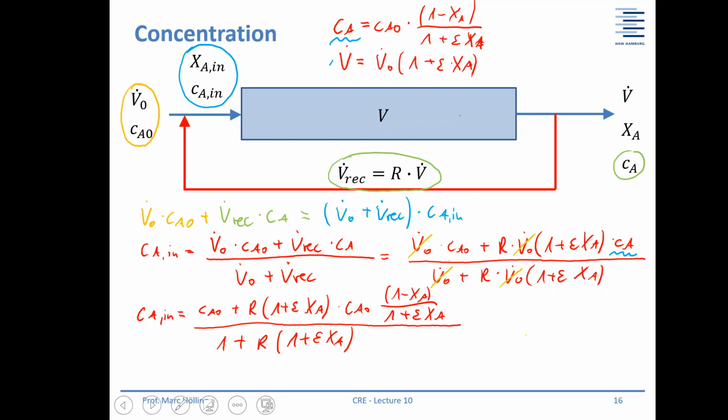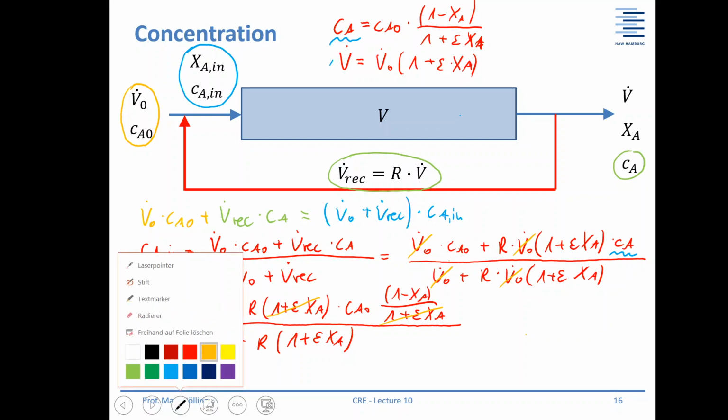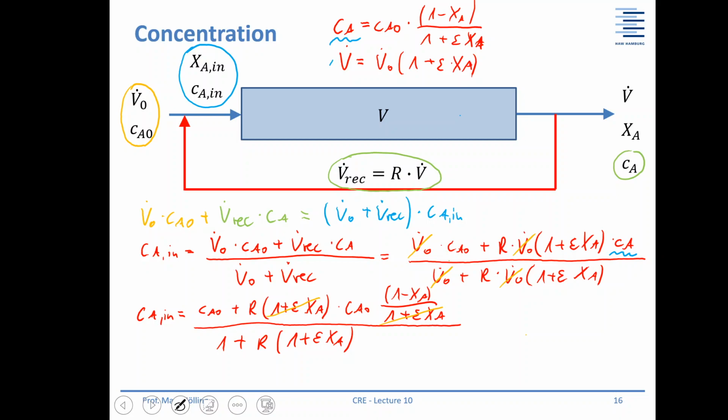Okay, then let's look for some simplification. So here you can see that you have 1 plus epsilon XA, and you also have it here in the denominator. So this cancels out here. And then you have CA0, so you can write it in front of your term.